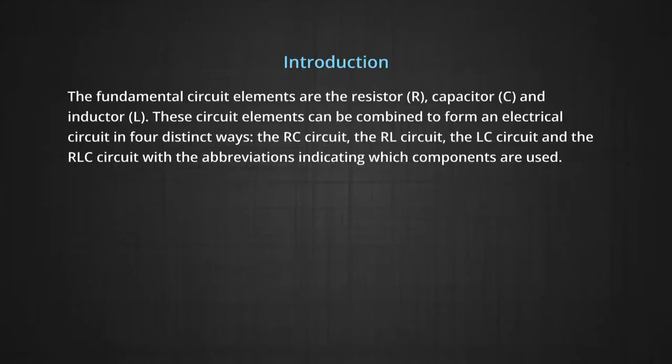Let us start. As we know, the fundamental circuit elements are the resistor, capacitor and inductor. These circuit elements can be combined to form an electrical circuit in 4 distinct ways: the RC circuit, the RL circuit, the LC circuit and the RLC circuit, with the abbreviation indicating which components are used.